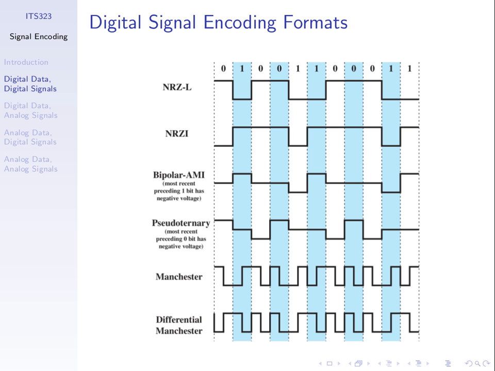Therefore, there's more complexity involved in the Manchester and differential Manchester encoding. So some of the trade-offs between the different signalling schemes are the bandwidth they occupy, the ability to synchronize clocks at the receiver, and the ability to detect errors at the receiver. Some are simpler than others and therefore less complex and cheaper to implement at the receiver and transmitter.